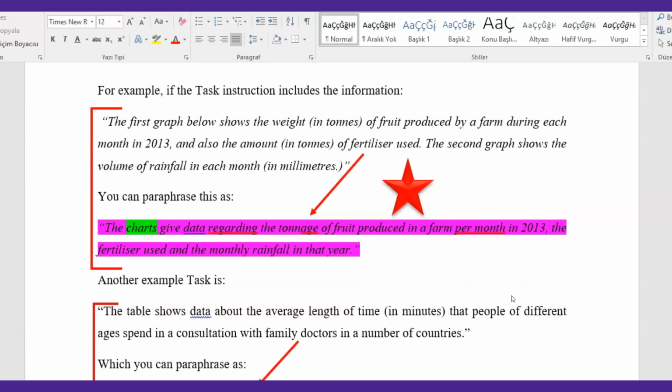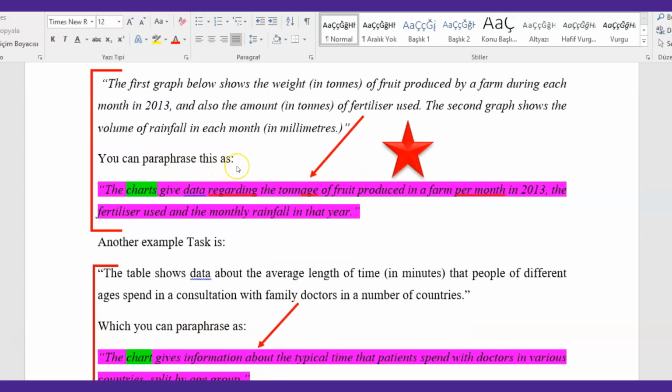Okay, let's start. For example, if the task instructions include information: the first graph below shows the weight in tons of fruit produced by a farm during each month in 2013, and also the amount in tons of fertilizers used. This second graph shows the volume of rainfall in each month in millimeters.